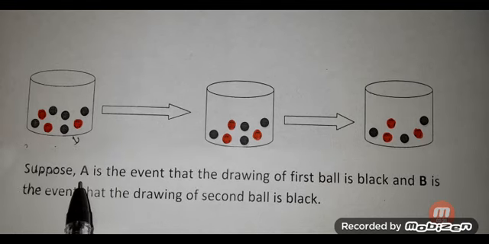Suppose A is the event that the drawing of first ball is black and B is the event that the drawing of second ball is black.